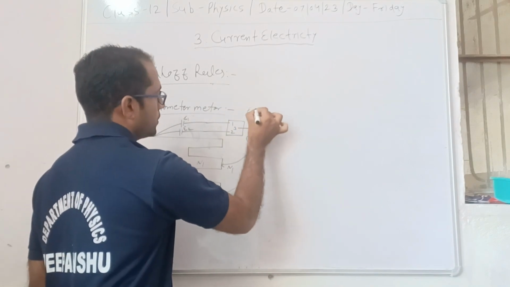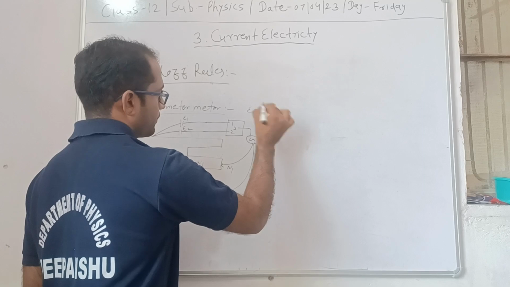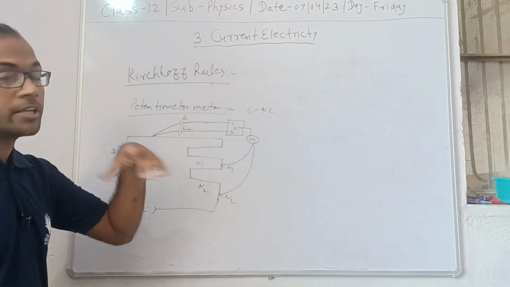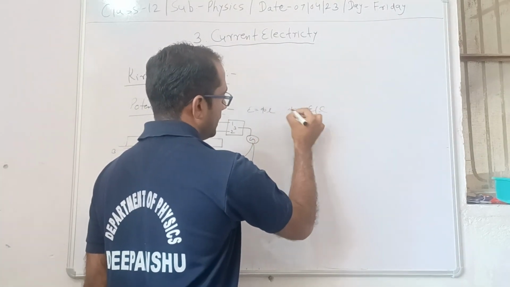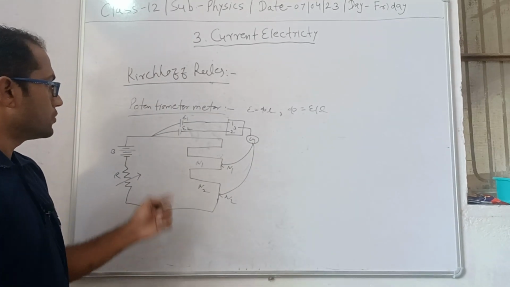In this case, firstly we connect the jockey to N1, and there we use epsilon equals psi L. Psi is the EMF per unit length. If we find the value of psi, it equals E by L. Then we use this formula.